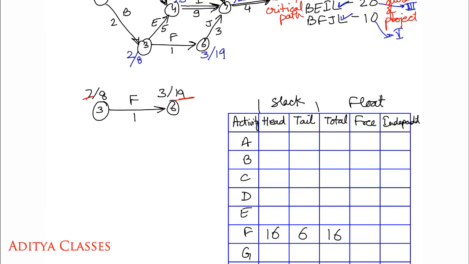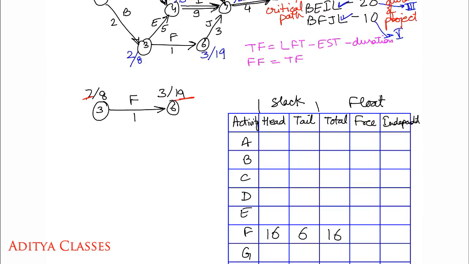Then we have free float. I'll just put these formulas over here for our reference. What was total float? That we just put right now. Total float is equal to latest finish time minus earliest start time minus duration. Can that be done?